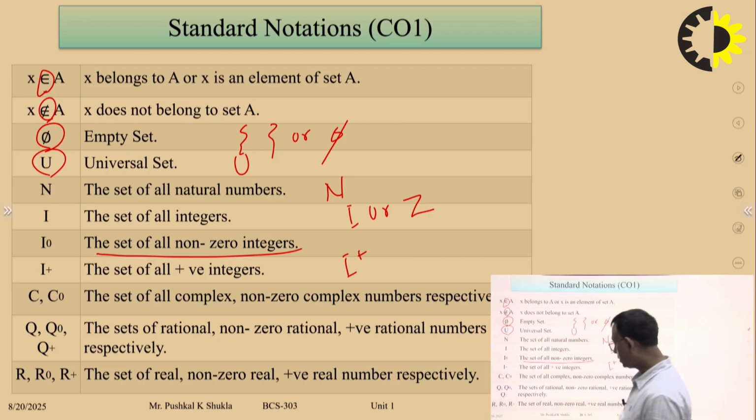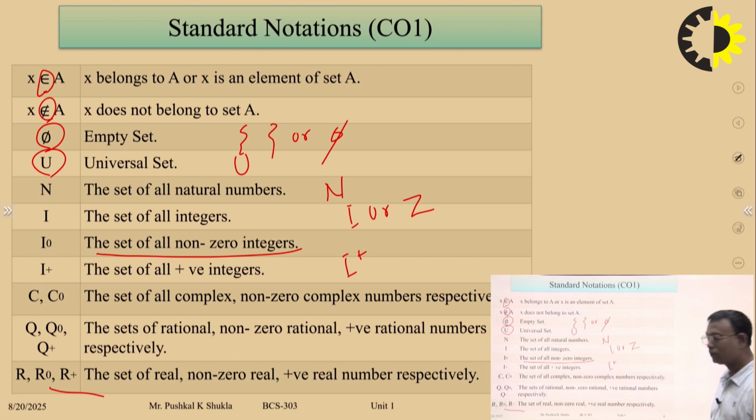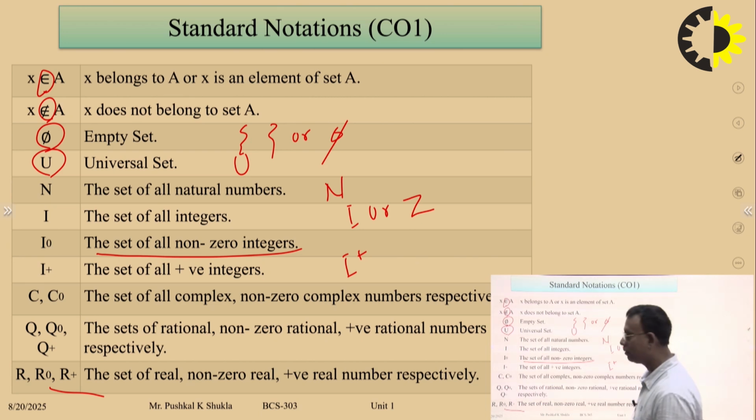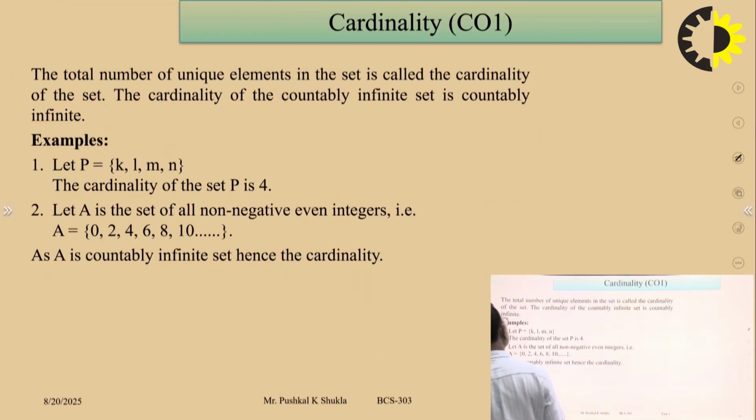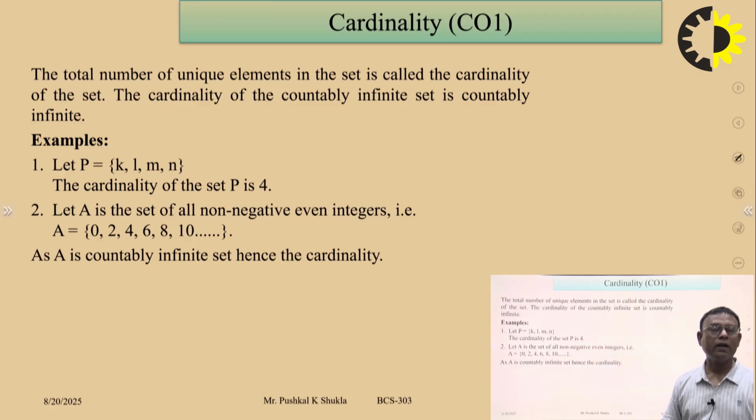And in the same way R, R naught and R plus are defined: the set of real numbers, the set of non-zero real numbers and the set of positive real numbers. Cardinality. The total number of unique elements in a set is called the cardinality of the set.